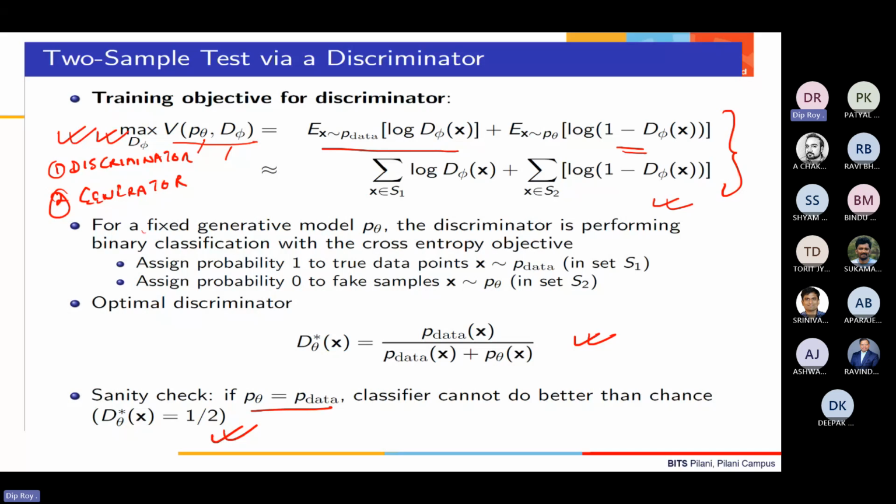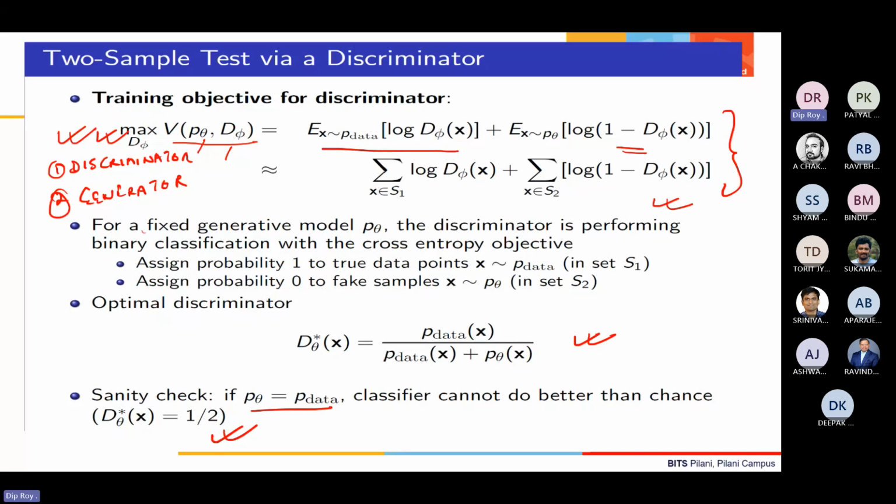Now we want to go away from likelihood-based training and use some other performance measure. But ultimately, as we have seen, this performance measure will also implicitly be some form of divergence minimization.